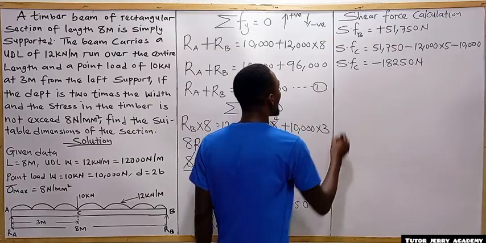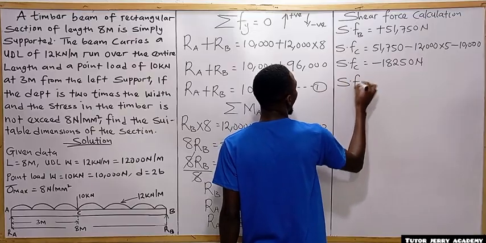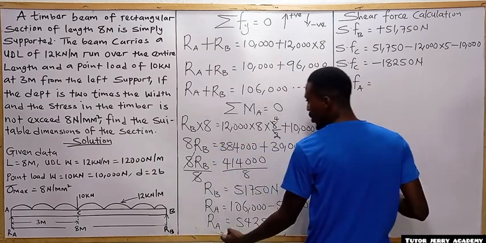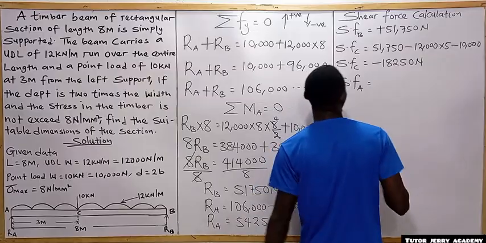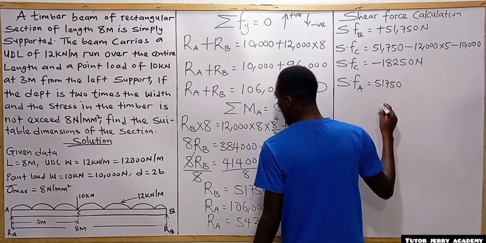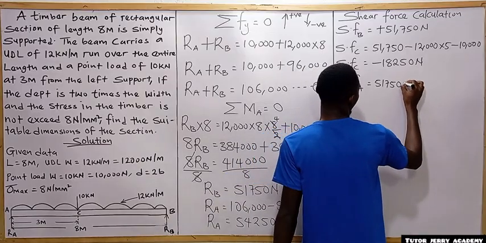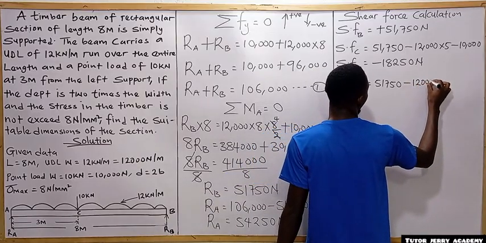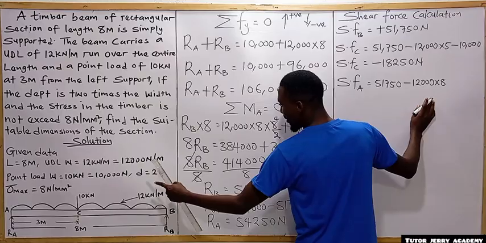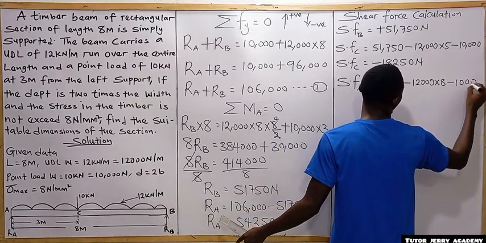Alright, so the shear force at point A will be equal to, first, the reaction at B, which is 51,750, then our uniform distributed load, 12,000, minus 12,000 multiplied by 8. Then we have another downward force there, which is minus 10,000.